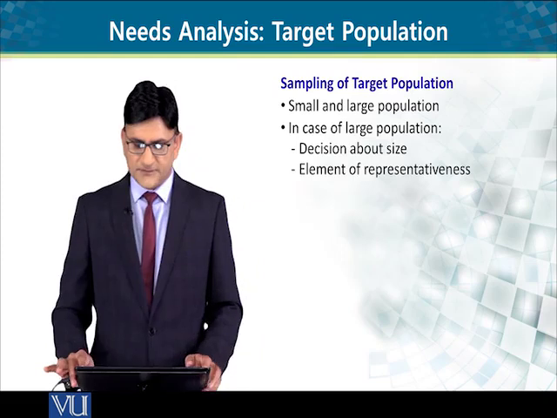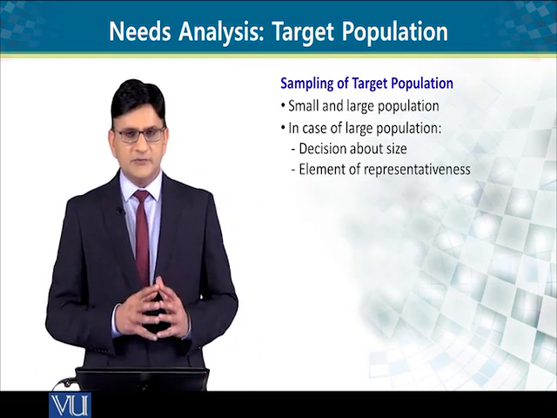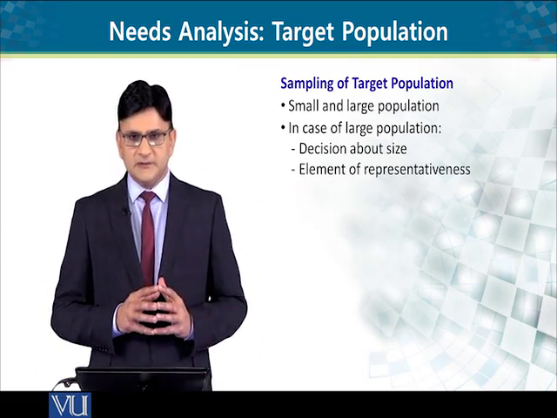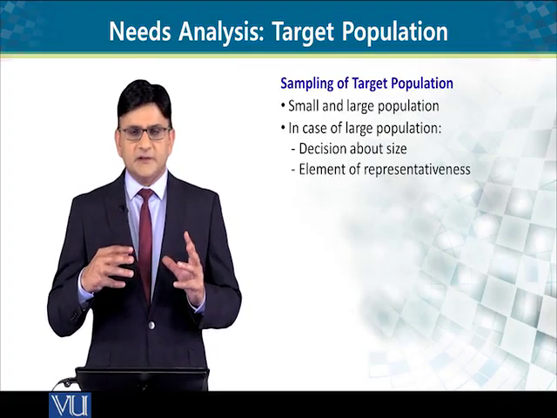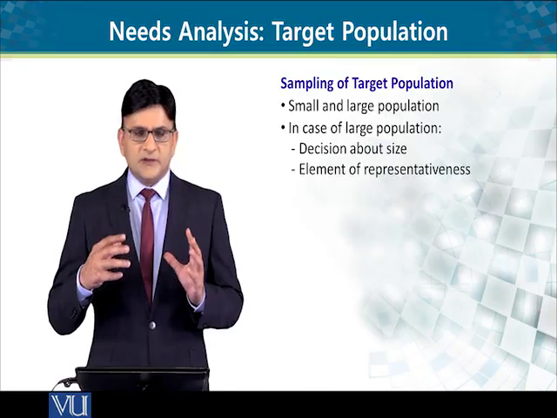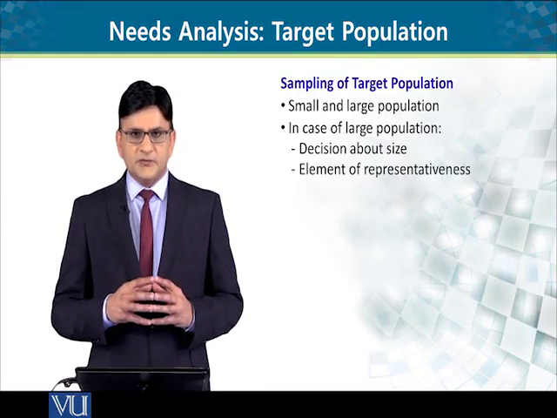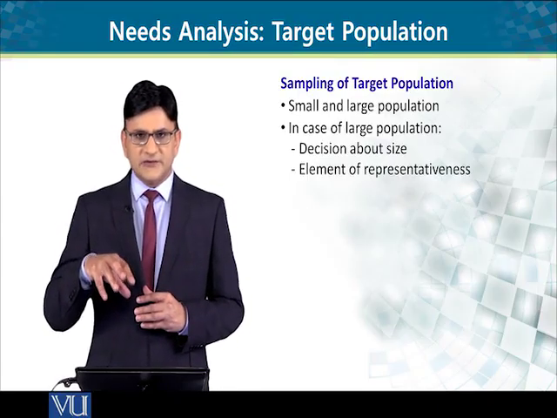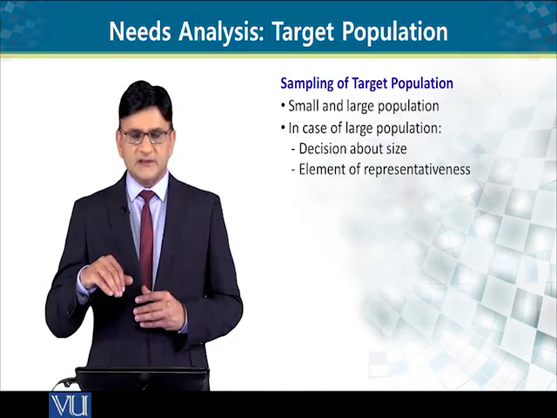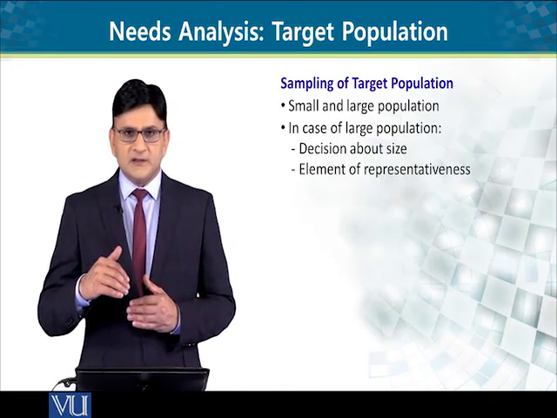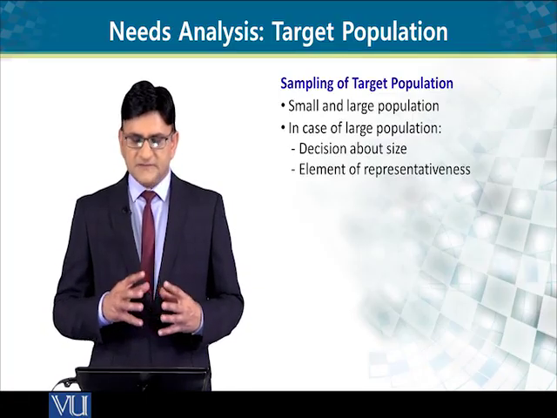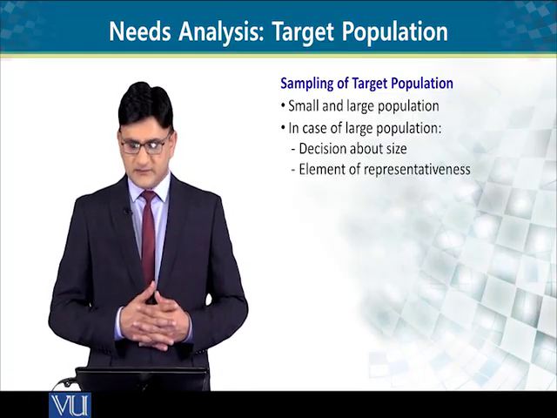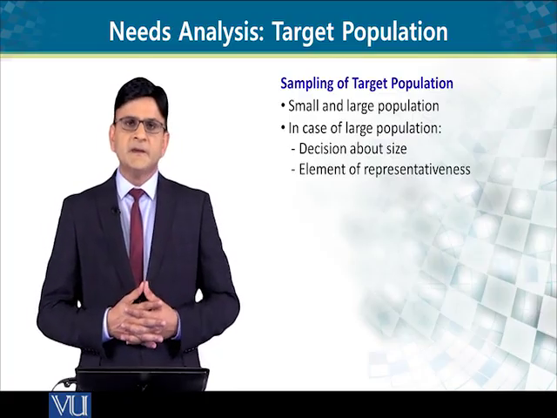We've got the sampling issue within the target population. Okay, you might be wondering what is meant by sampling. We will take a closer look at this issue in our subsequent sessions. But let's first see the difference between the small and the large population.